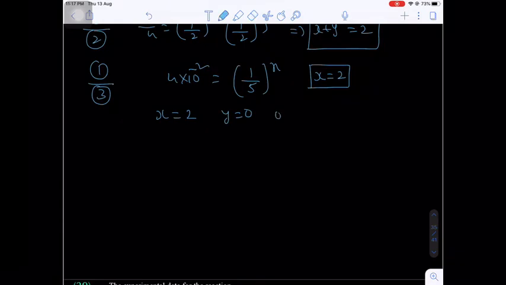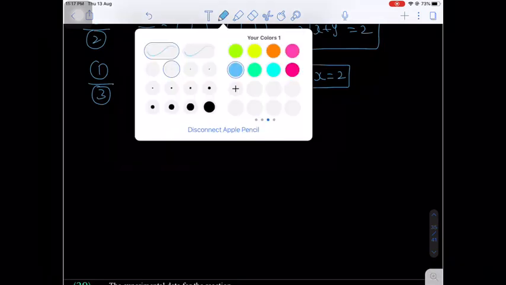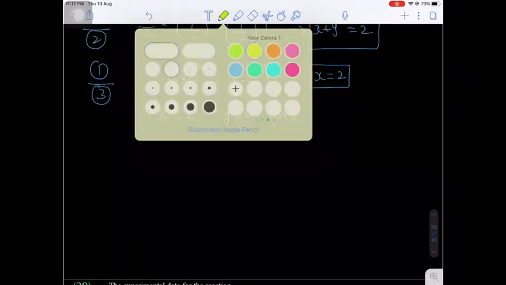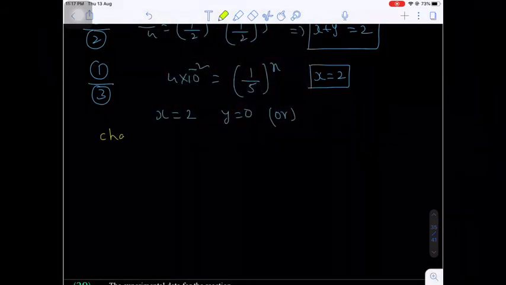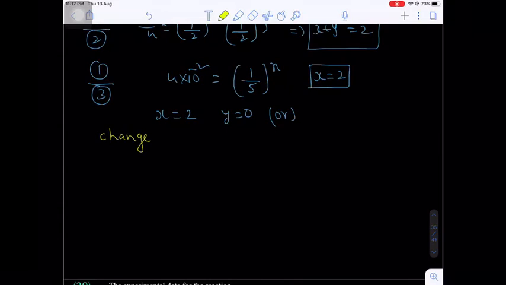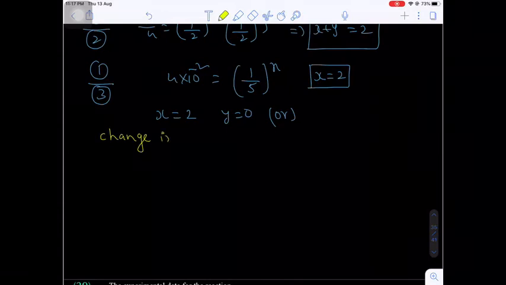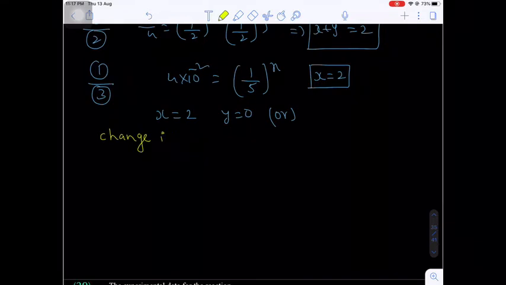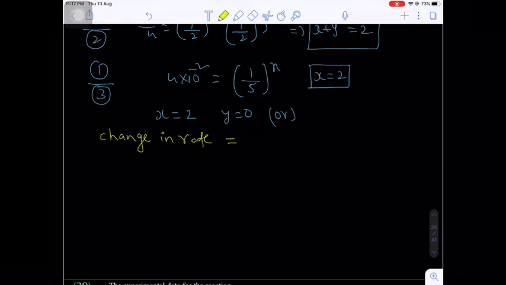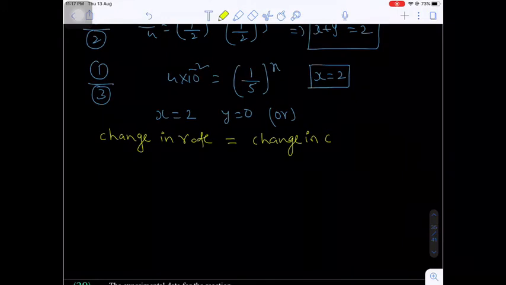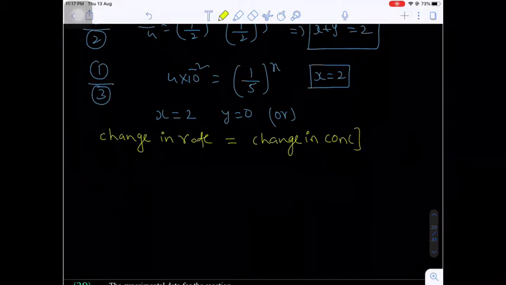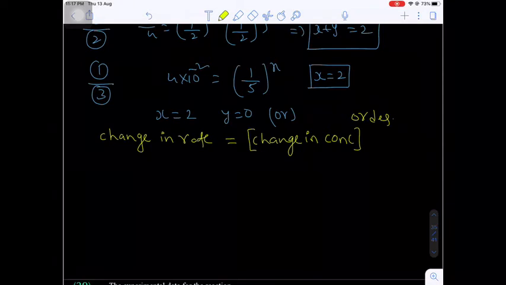I am writing the formula here, the alternative method. Change in rate will be equal to change in concentration, whole to the power of the order.